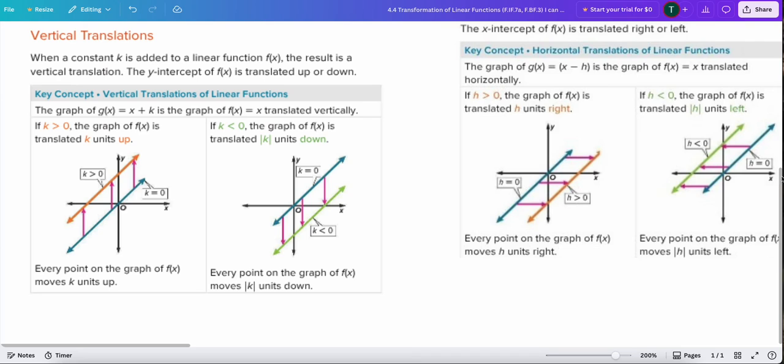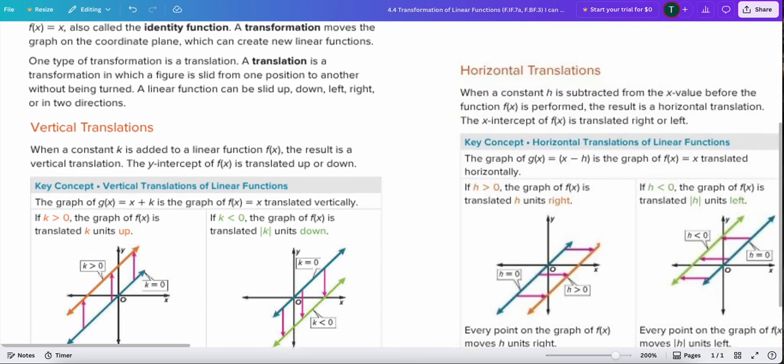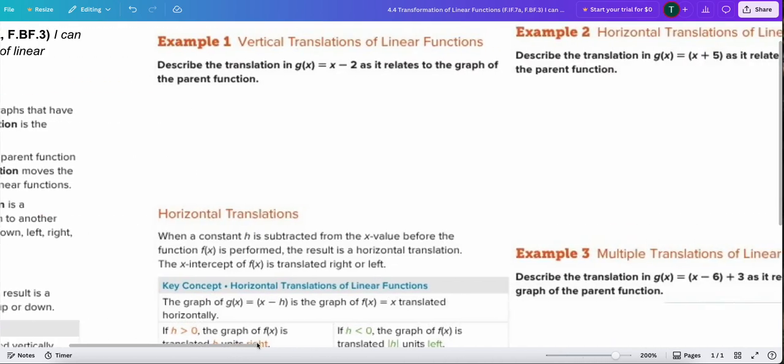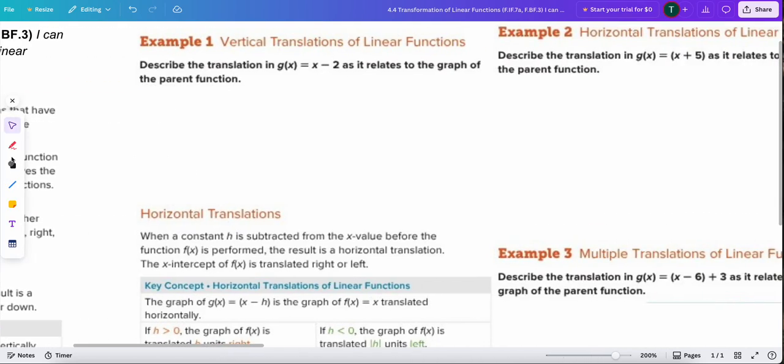So they want us to take that and look at this part here. If I look at this equation, it says describe the translation in g of x equals x minus 2 as it represents the graph of the parent function. So we would want to rewrite this.